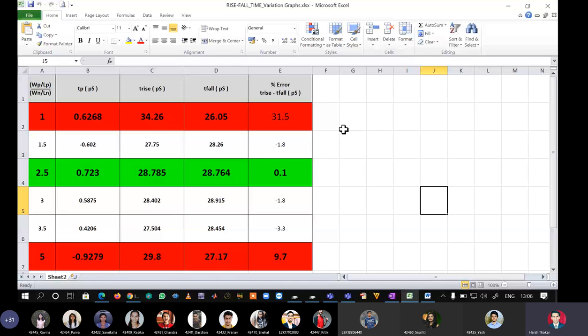Then I deviated from 2.5 to 3, and again I got an error of minus 1.8%. As and when I deviate from the relative size of 2.5, I get an increasing percentage error between rise time and fall time. So the SPICE simulation proves that if I want comparable rise and fall times in a CMOS inverter, my PMOS should always be larger.